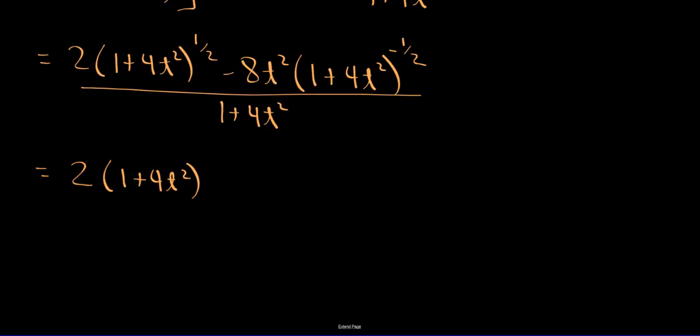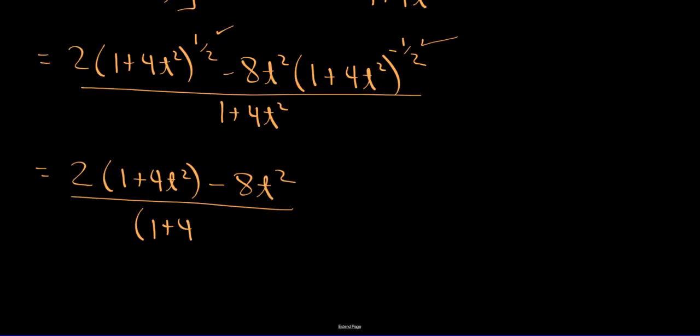That's from right there. Over here, I've just got minus 8t squared, because if you add 1/2 here, you get 0. So 1 plus 4t squared to the 0 is just 1. Now down here, we've got 1 plus 4t squared to the 2/2 plus 1/2, that's 3/2. There that is, okay?